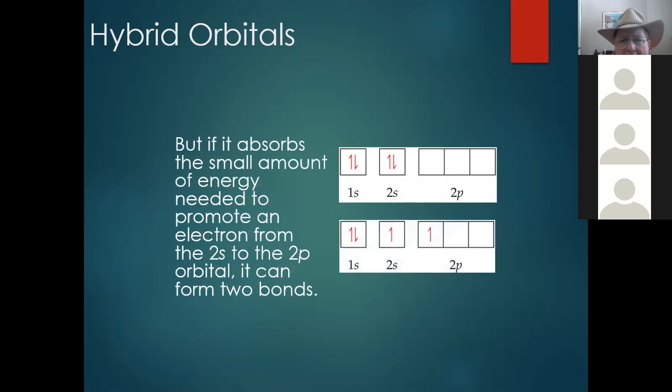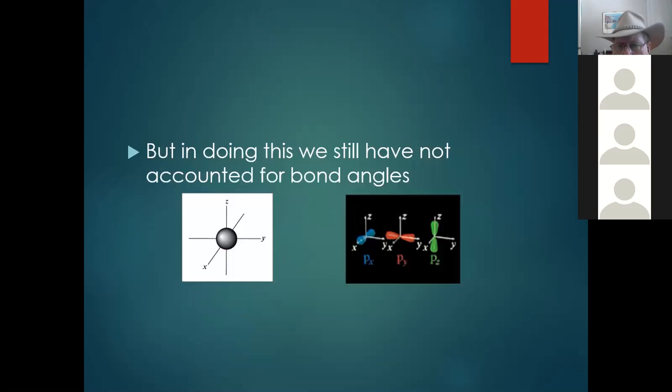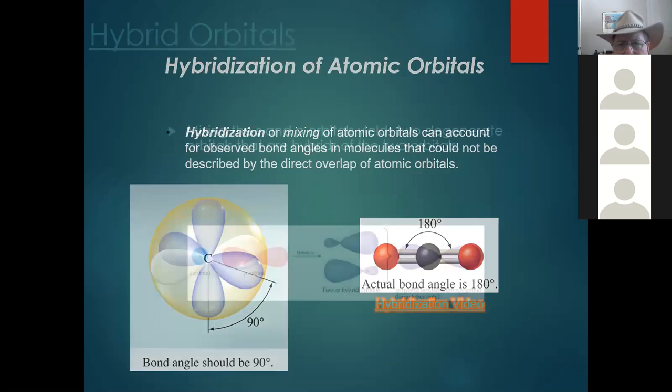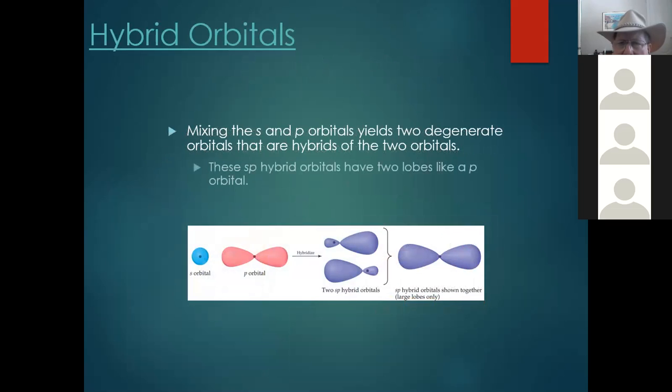So I'm going to promote one of the electrons to the 2p, and then hybridize those 2 orbitals.